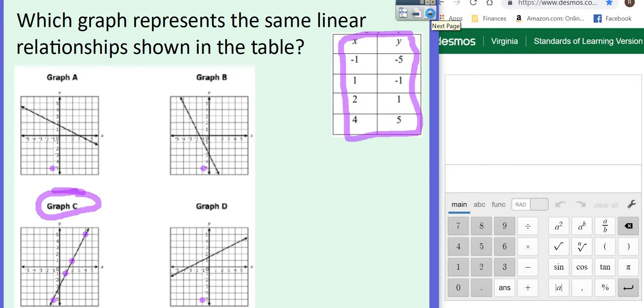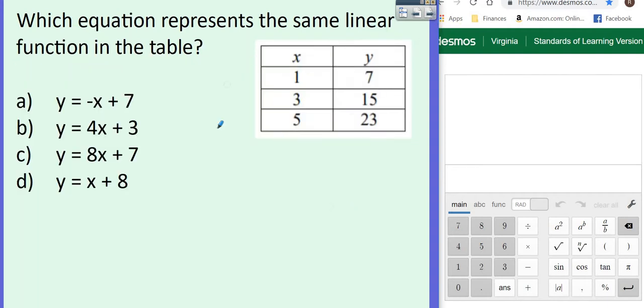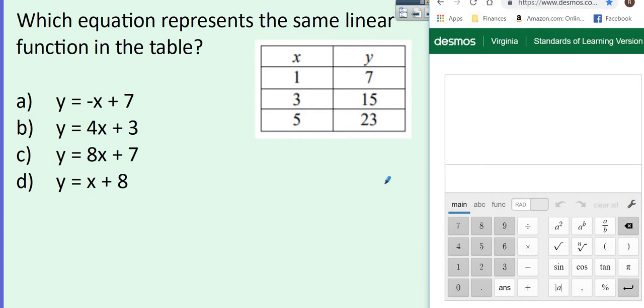Okay, so let's go here, and we've got another chart, but this time it says which equation represents the same linear function as the table. What we're going to use this time is our calculator, our handy dandy calculator. The first thing I'm going to do is put in everything after the equal sign for each answer. I'm going to start by putting -x plus 7. My next one is 4x plus 3.